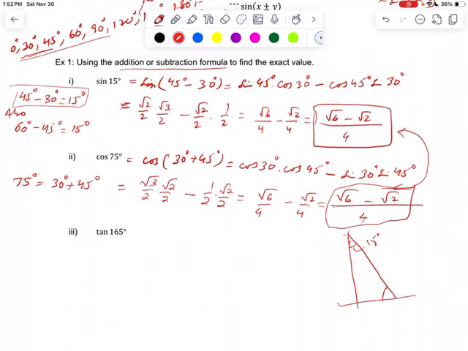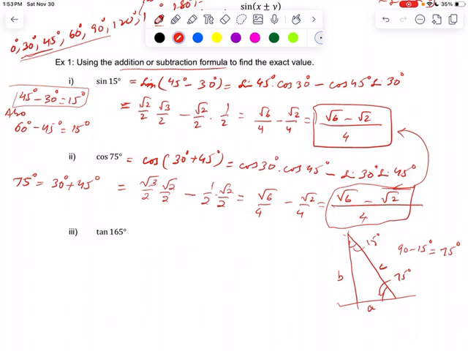You remember the sum of the angles will be 90, so this one will be 90 minus 15, and that is 75. So if this side is A, this is B, and this is C, then the sine of 15 will be A over C, and cosine of 75 will be A over C. The cosine of 75 will be the same as sine of 15. That's why we are getting the same value here.